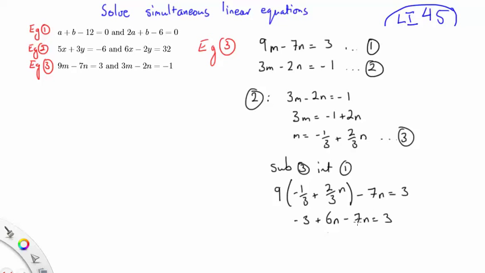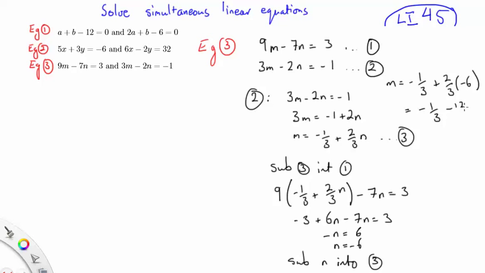You can add 3 to both sides, so you get -n equals 6, n equals -6. Okay, so we need to solve for m now, so we can sub n into 3. Let's do that over here. So m equals a -3rd plus 2/3 times -6, which is -1/3 minus 12/3, which is -13 on 3. So our answer is n equals -6 and m equals -13 on 3.